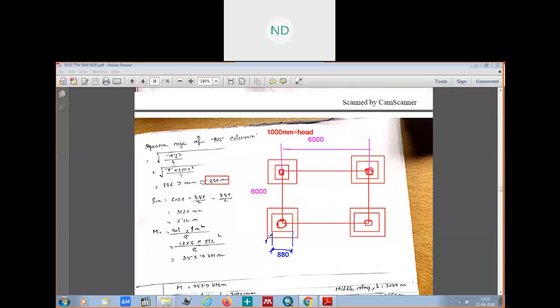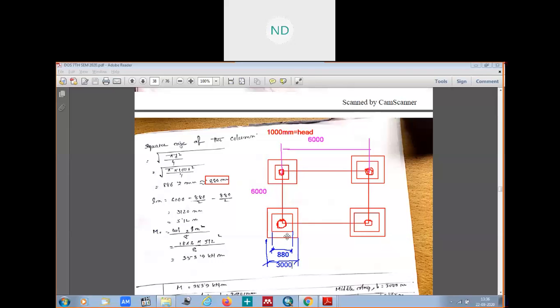This column strip was how much? 3,000. So we got our column head square size to be 880.